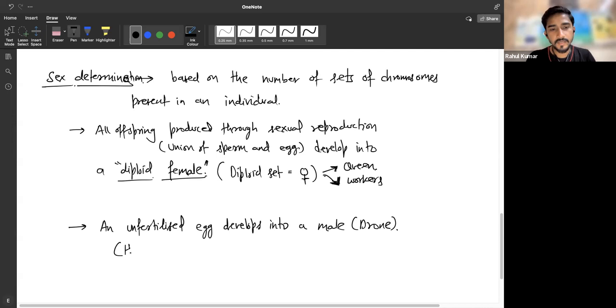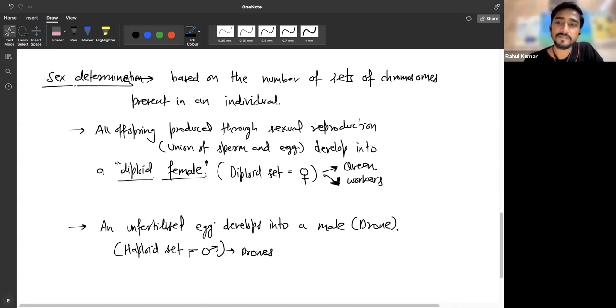So if it is a haploid set, then it will develop into a male. Correct? They are drones. So all the males are haploid. Their whole body is haploid. Not only the gametes that they make, but their whole body is haploid. Is it clear, everyone?